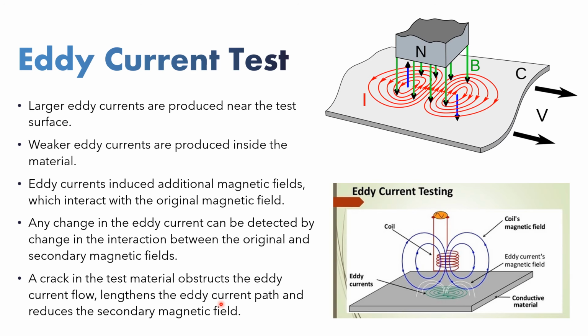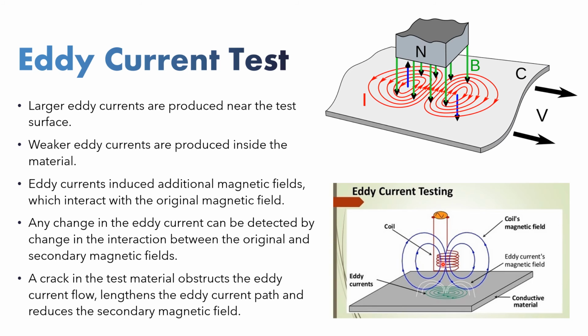Therefore, every time you observe weakness in the second magnetic field, and you observe the length is longer in the current path, you definitely know there is some sort of defect or fault. Here are your eddy currents, and this one is your material, this part. And here you can see the eddy current's magnetic field.